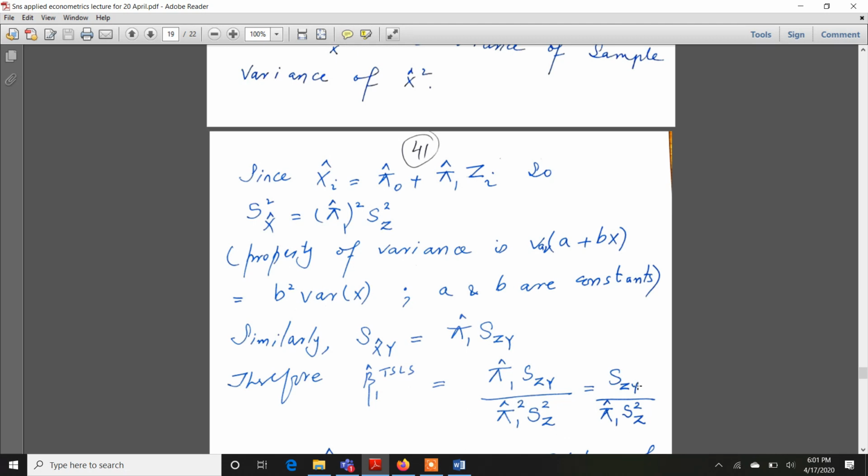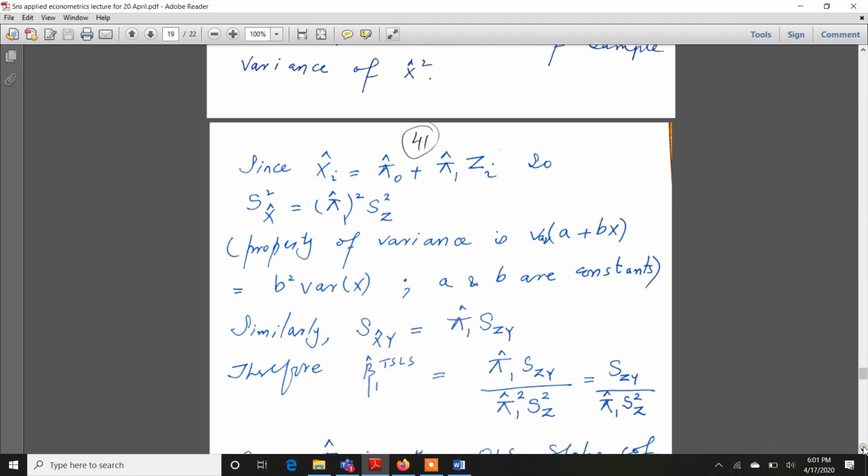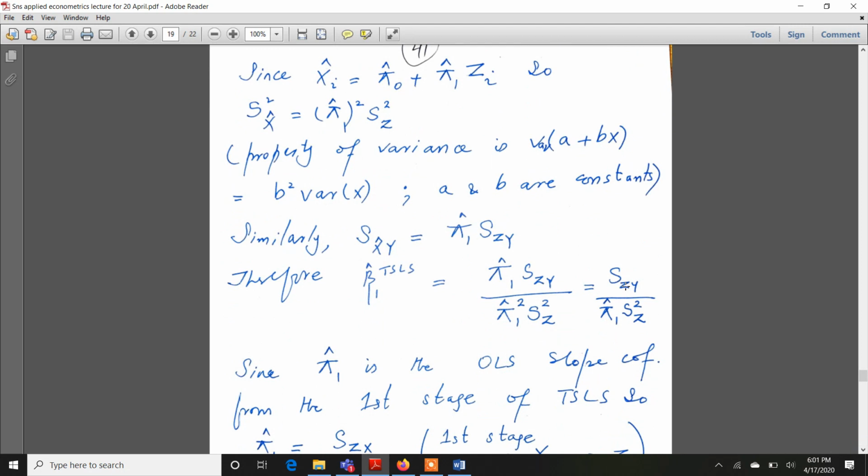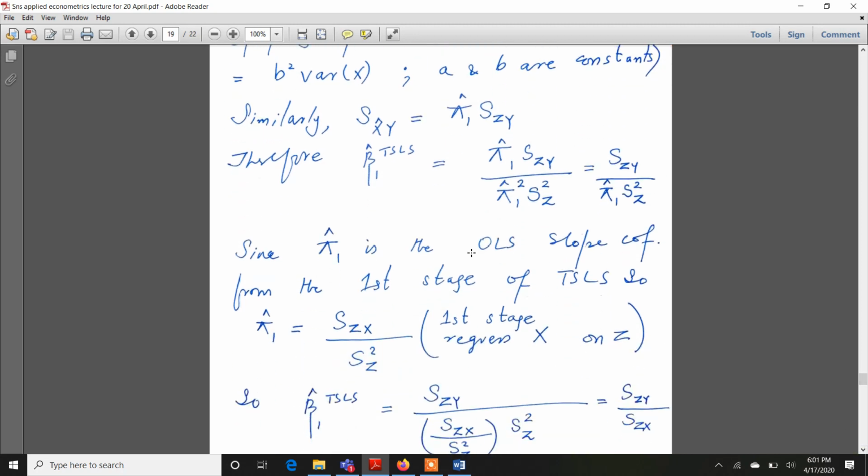So this is cancelled out and we are left with this, right? Covariance between z, that is the instrumental variable, and y divided by pi 1 hat square and the variance of instrumental variable z. So pi 1 hat is the OLS slope coefficient from the first stage.